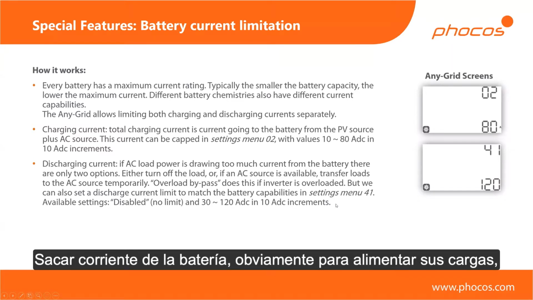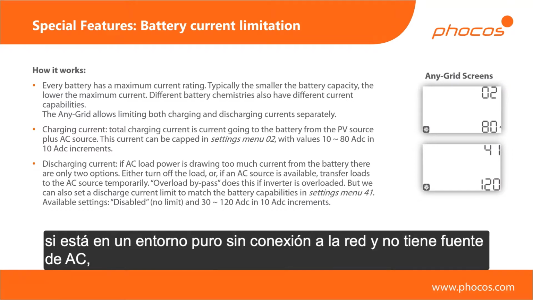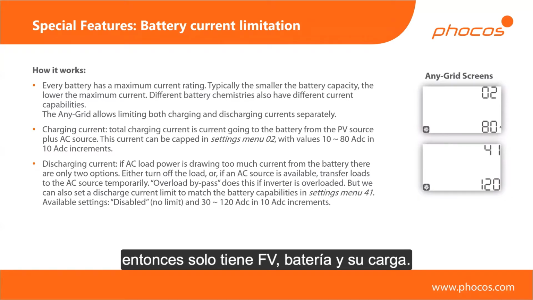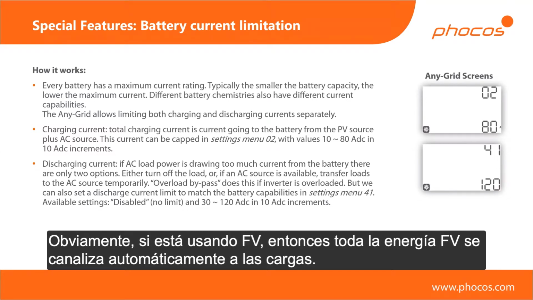Taking current out of the battery, obviously to power your loads, is a little bit more difficult. Because if you're in a pure off-grid environment and you have no AC source, so you just have PV, a battery, and your load, and you're exceeding the maximum current of your battery, there's no other energy source.